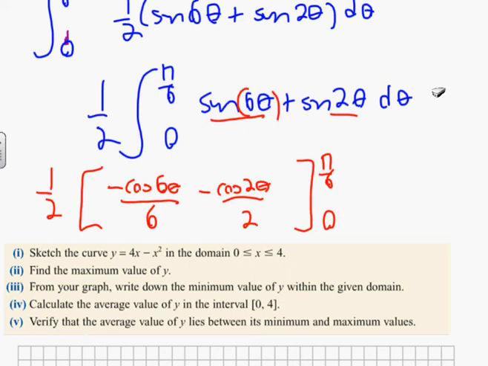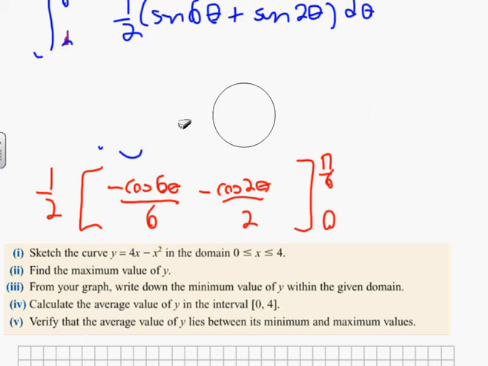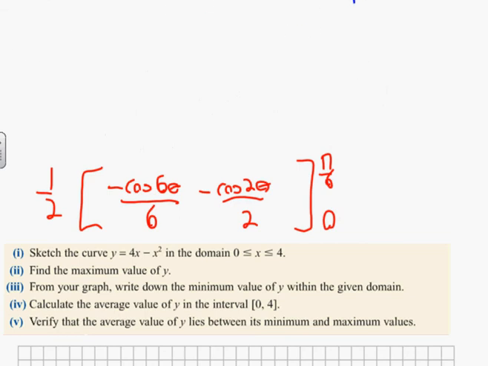Okay, so what we're going to do next is ignore the half on the outside for a few minutes. This half on the outside is just going to hover there on its own for a minute, and then we're going to do the limits on the inside in this green box here.